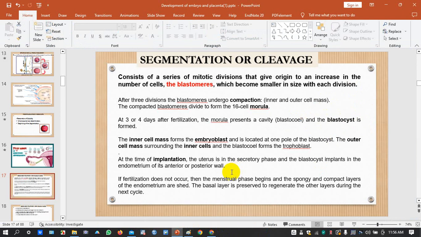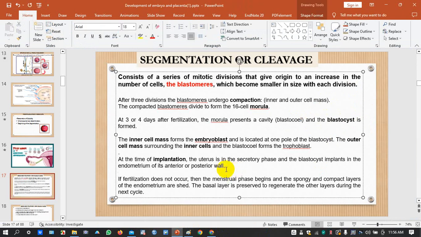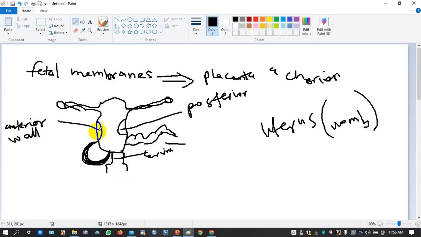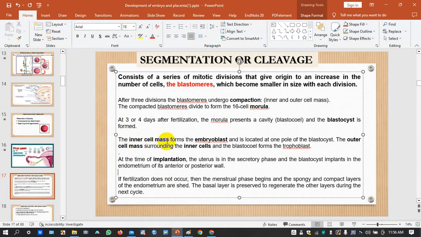Okay. So the implantation occurs either at the anterior wall or the posterior wall of the uterus. At the time of implantation, the uterus is in the secretory phase.